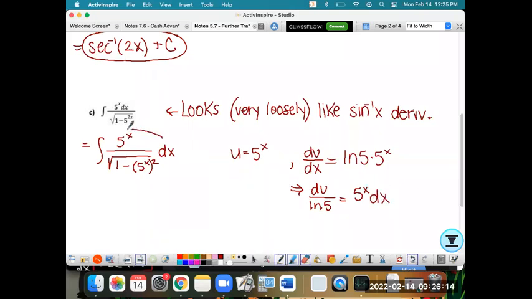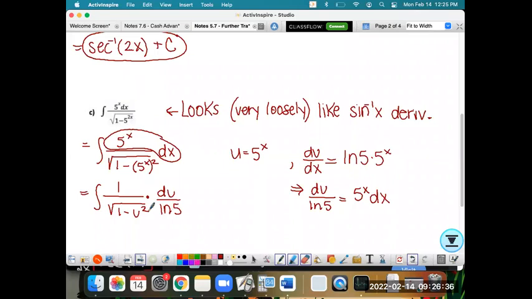Which means I can replace that with the du over ln of 5. And then we have square root of 1 minus u squared.